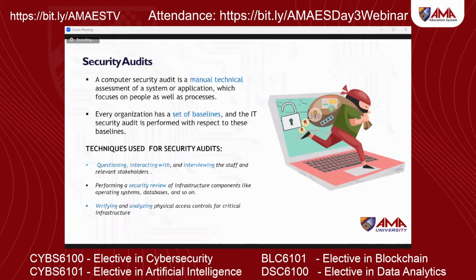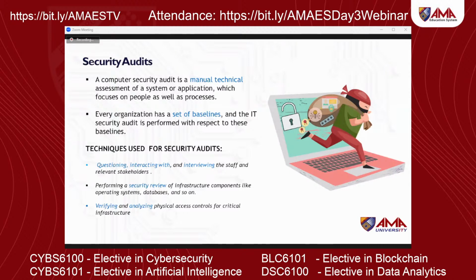Okay, now let's go to security audits. Importante kasi na malaman if there is certain security in the company. So by and by nagkakaroon ng audits, okay, to ensure that all are running smoothly. So in security audits, a computer security audit is a manual, okay, so mano-mano itong ginagawa, manual technical assessment of a system or application which focuses on people as well as processes.